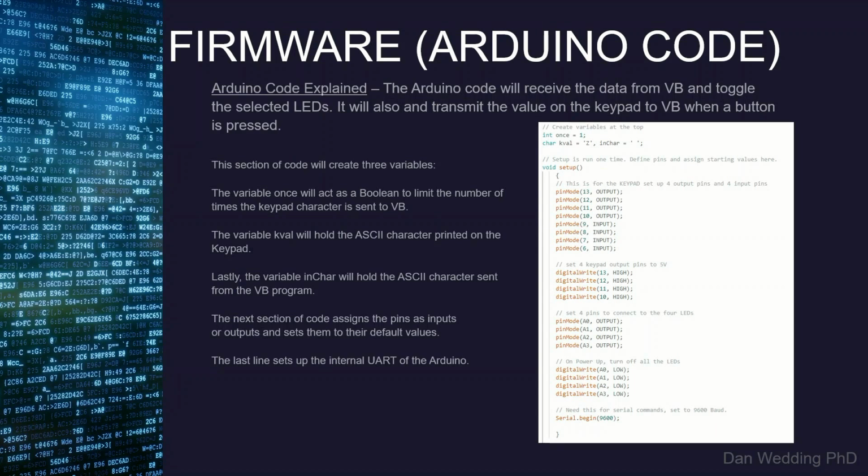The variable kval will hold the ASCII character printed on the keypad. Lastly, the variable inchar will hold the ASCII character sent from the VB program. The next section of code assigns the pins as inputs or outputs and sets them to their default values. The last line sets up the internal UART of the Arduino.